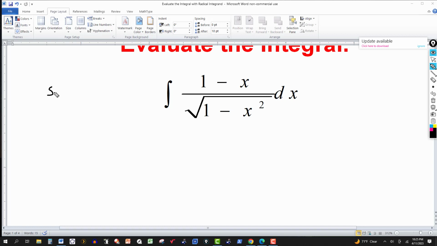So I'm gonna let sine theta equal to x. Or if you're looking at the triangle, it'll look this way. This will be theta there, the angle. We got a right triangle there, x. This would be 1. And this side will be the square root of 1 minus x squared.